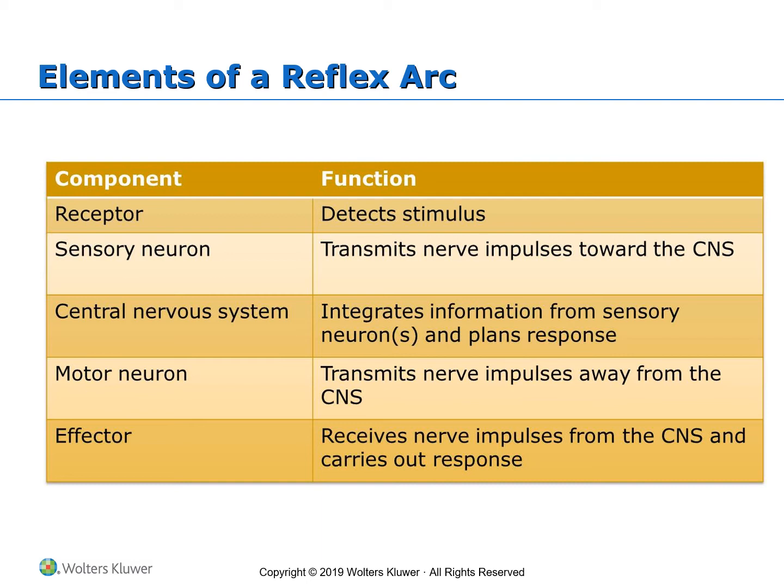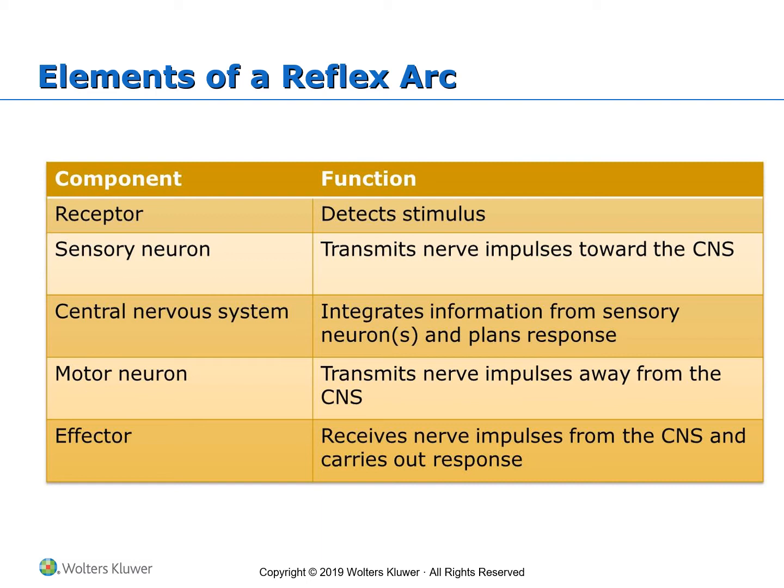The first one will be the receptor that will detect the stimulus, most of the time the one that is injuring someone. It will be the end of a dendrite or some type of specialized receptor. The second component will be a sensory neuron that will be connected to that dendrite. It is the cell that will transmit the impulses toward the central nervous system.